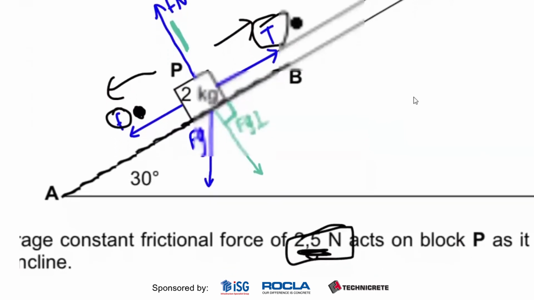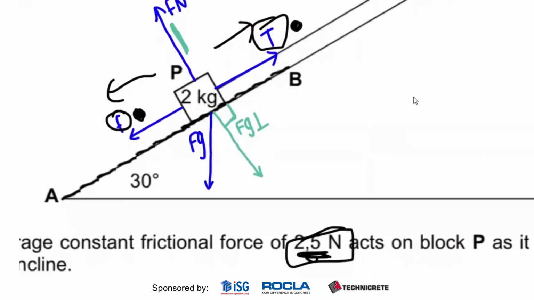And then the other component of our force of gravity is the force of gravity parallel, the part that is pulling us down the slope. Because if you have a ball and nothing else is acting on the ball except for gravity, and the ball is sitting on a slope, the ball is always going to roll down, and that is because of the force of gravity that is acting parallel to the slope.